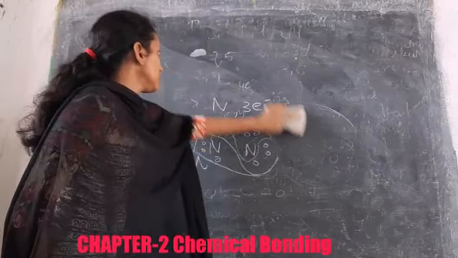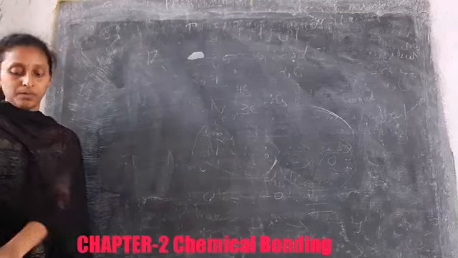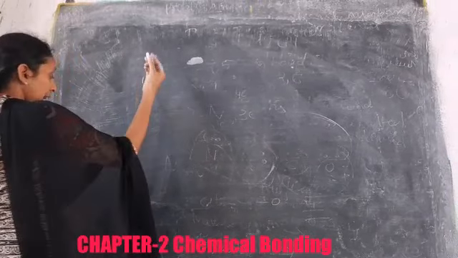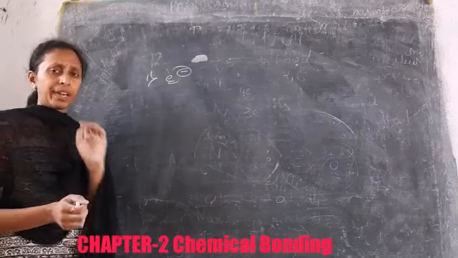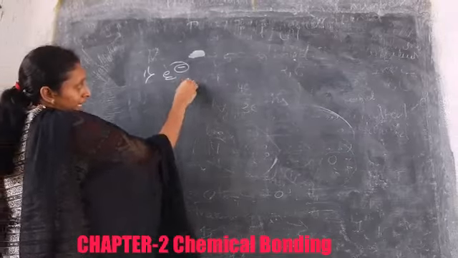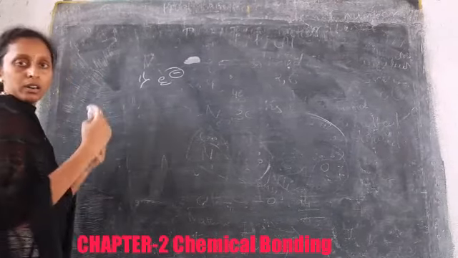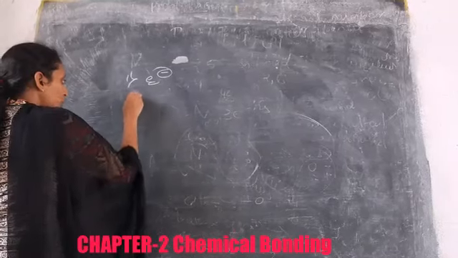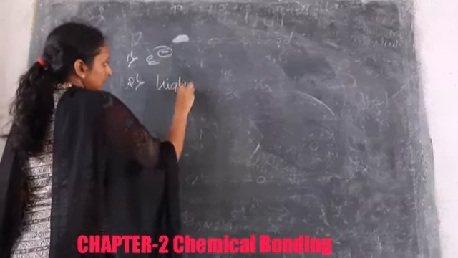So what is the cause for this covalent bond? First thing is electronegativity. The electronegativity difference between the atoms should be very small, even negligible or not at all. The second property is it should have high ionization energy.